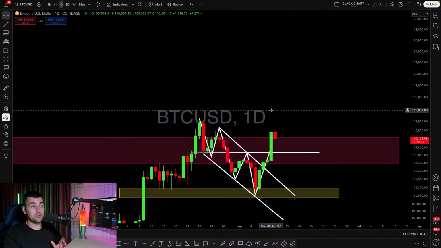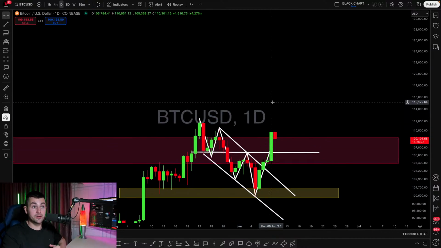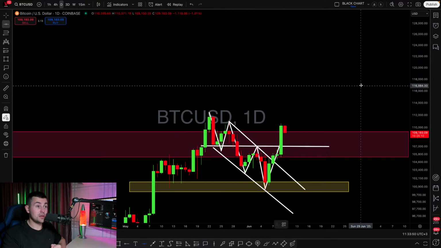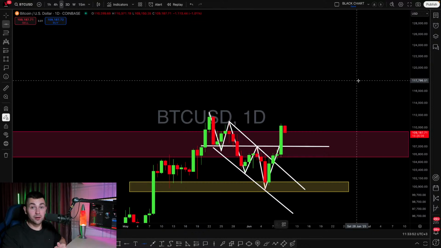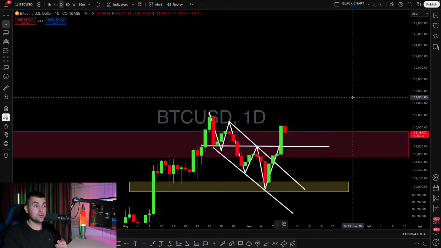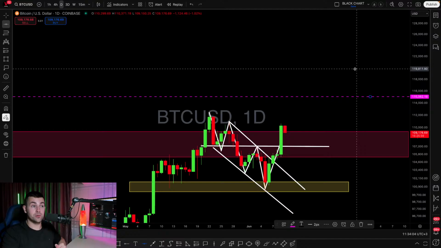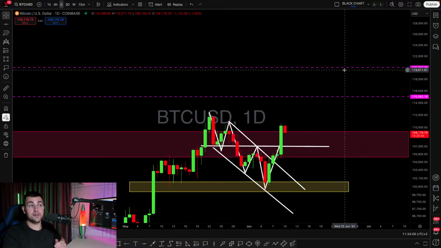And I strongly believe, traders, that the market is going to update the high soon. I strongly believe that the market is going to go higher, and the next goal for the buyers is going to be the next psychological level. And we have two significant psychological levels that I would suggest you monitor. The first is 115,000. It is the first round number psychological level, and the second one is 120,000.